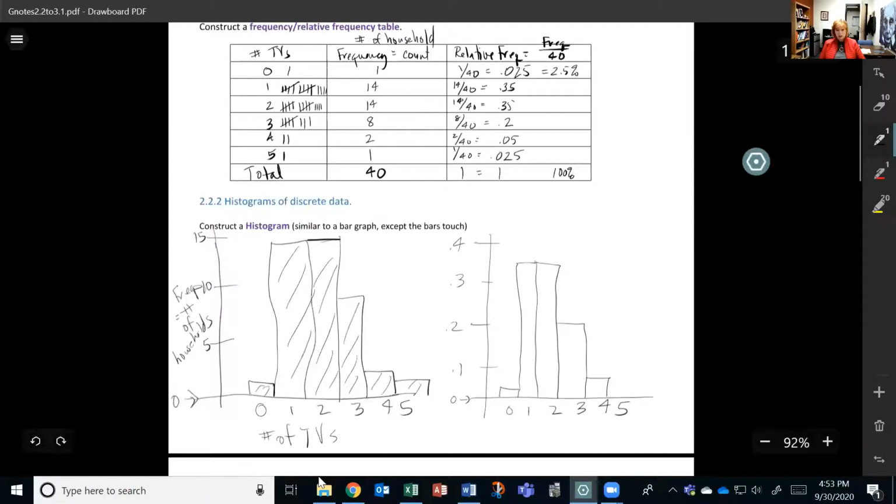And 5 is 0.025 again. This one's a little shorter, but basically I have the same graph. So whether I use frequency or relative frequency, which is the proportion of households, my graph looks the same.